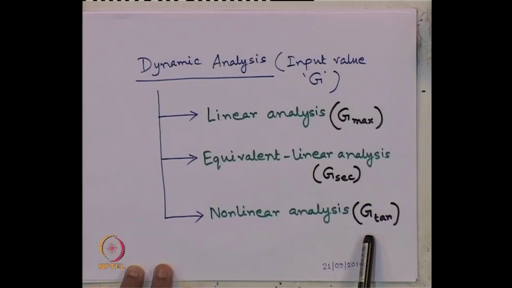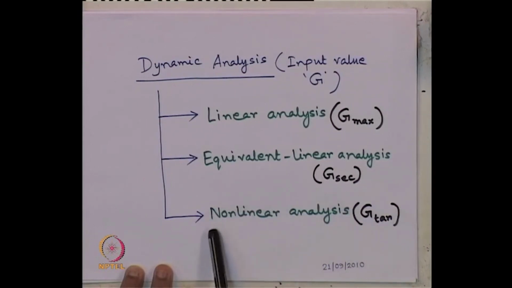The tangent shear modulus keeps on changing with the change of curvature of the tau versus gamma plot. So, in your entire analysis, this is a completely variable parameter, which is nonlinear in nature. That is why this is the most complex, but gives the most accurate result.